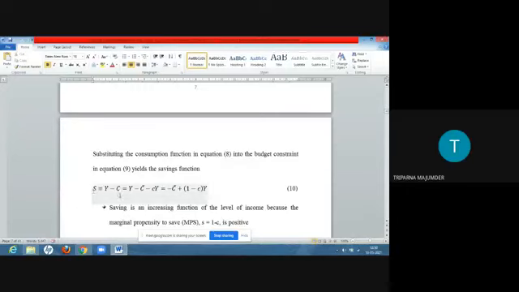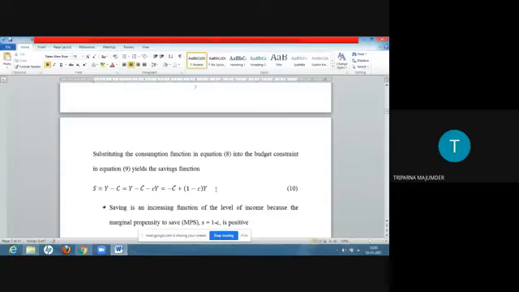S equals Y minus C, we know. For C, we substitute the consumption function, that is Y minus C bar minus small cy. Now, if we collect terms, what do we get? Minus C bar plus 1 minus Cy.